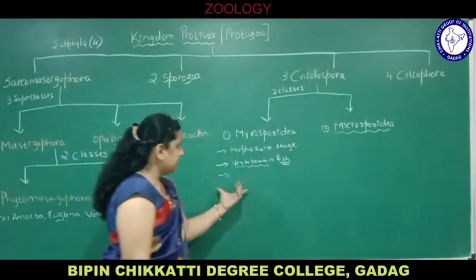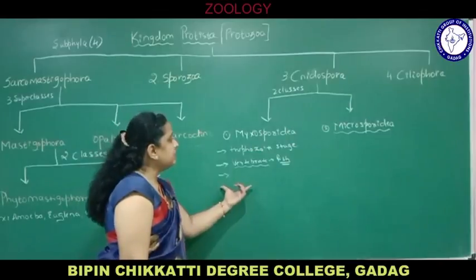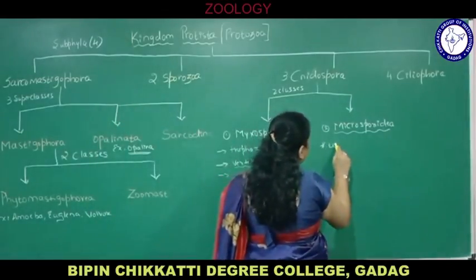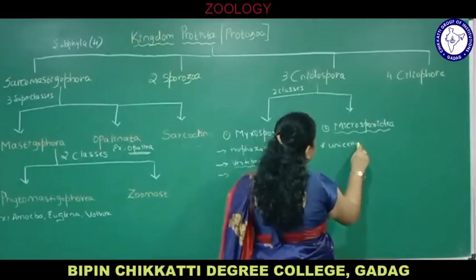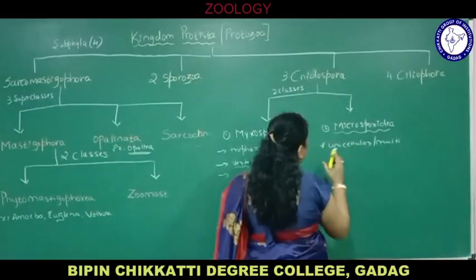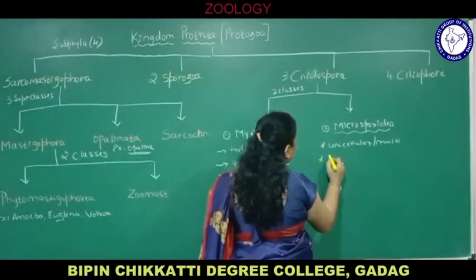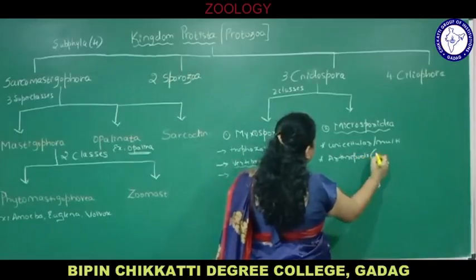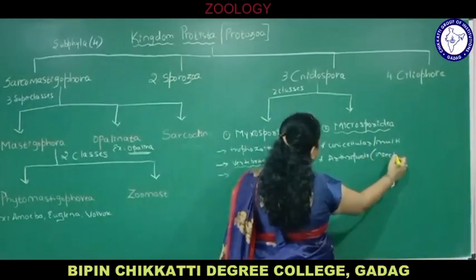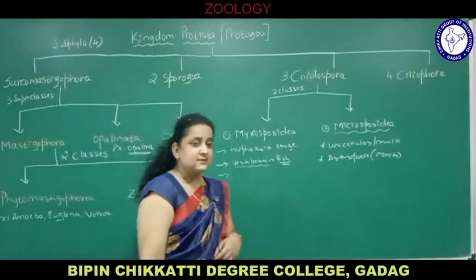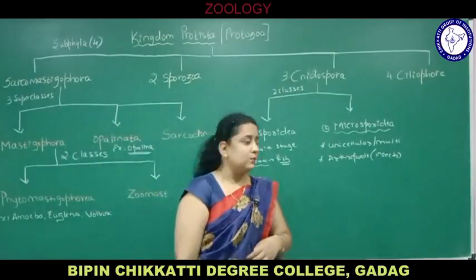In Microsporidia, they are unicellular or multicellular. Here they depend on arthropods like insects, worms, bees, honeybees, butterflies, etc. So they are parasites on animals like arthropods to obtain nutrition.